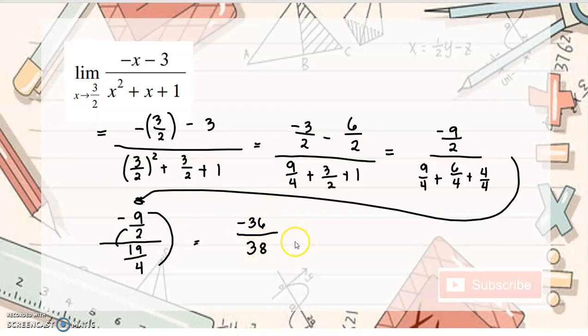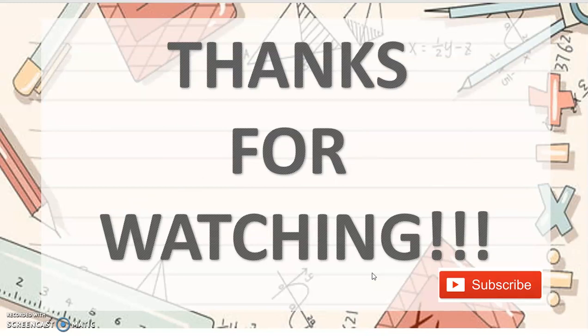Then we can still get the simplest form for this one by dividing both the numerator and the denominator by 2. So this would be equal to negative 18 over 19. So in here, the limit of negative x minus 3 all over x squared plus x plus 1 as x approaches 3 halves is defined as negative 18 over 19.